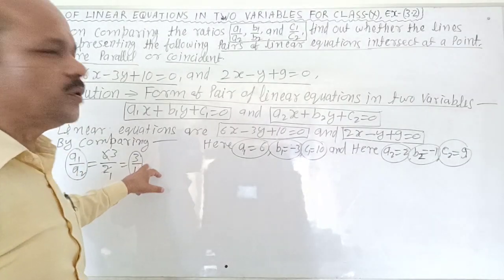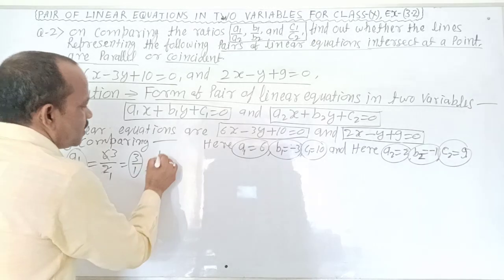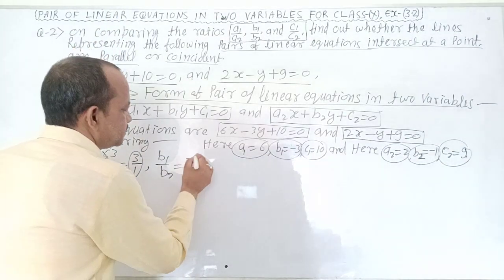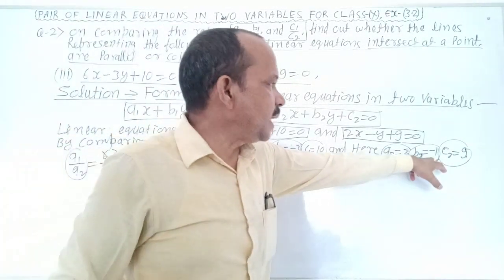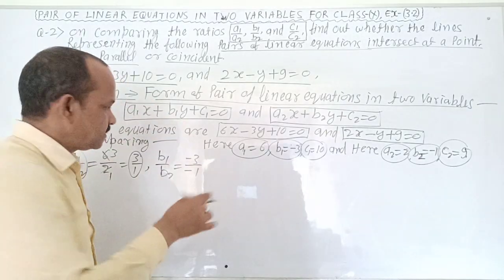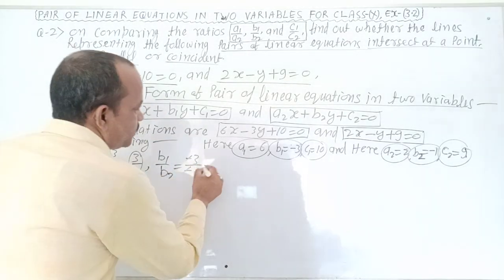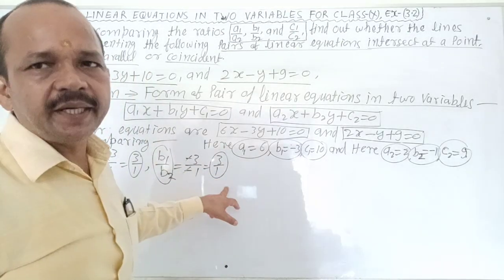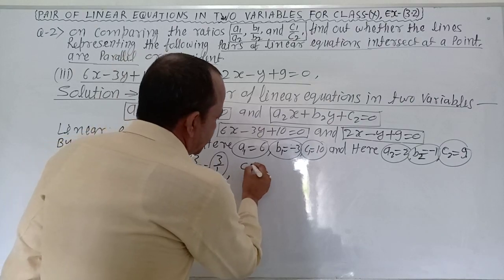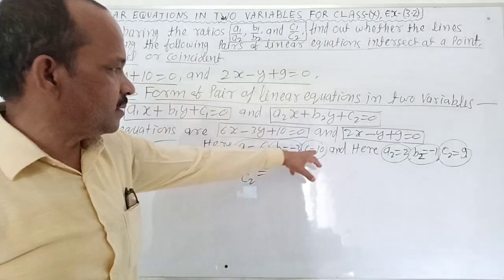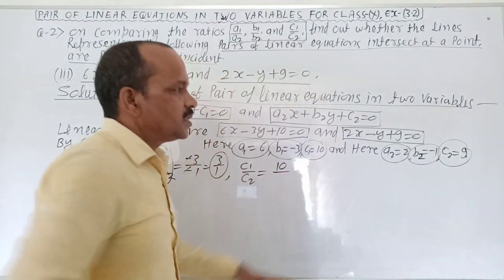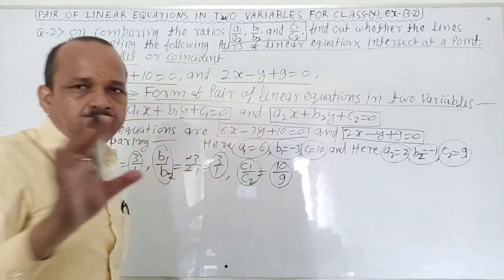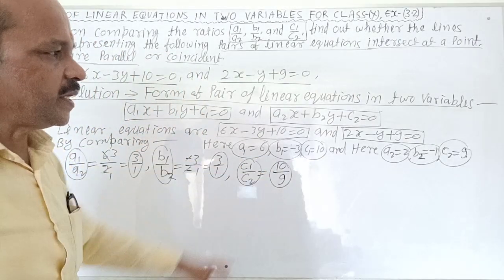You find a1 by a2 equals 3 by 1. b1 by b2 equals minus 3 by minus 1. You cancel minus and minus, it becomes 3 by 1. You find b1 by b2 equals 3 by 1. c1 by c2 equals, c1 is 10, c2 is 9. It is clear? No confusion about it? Very good.